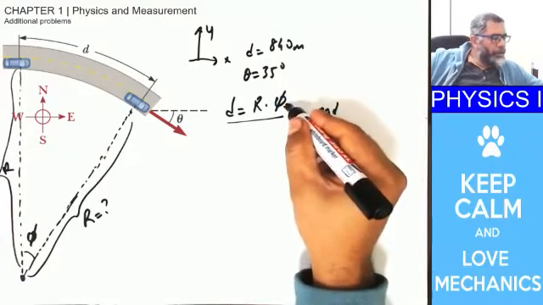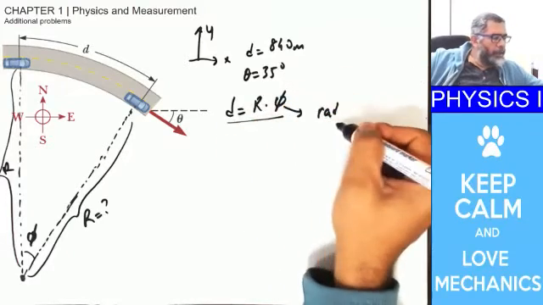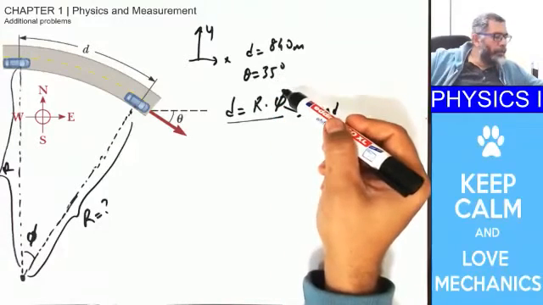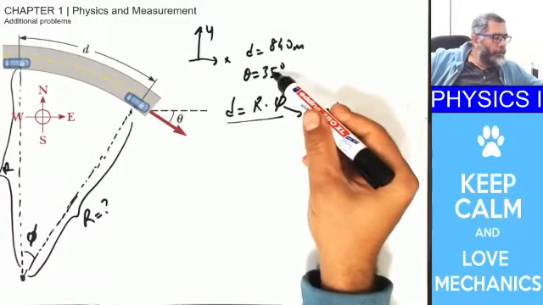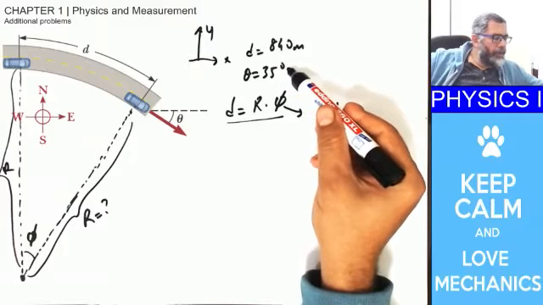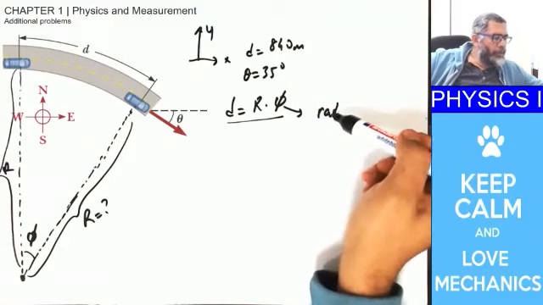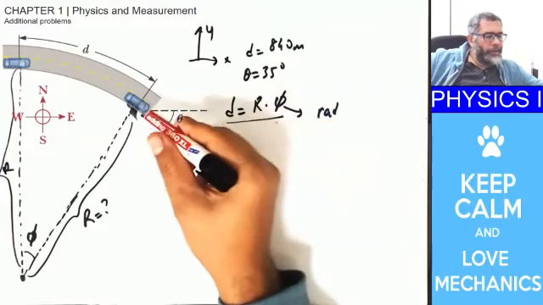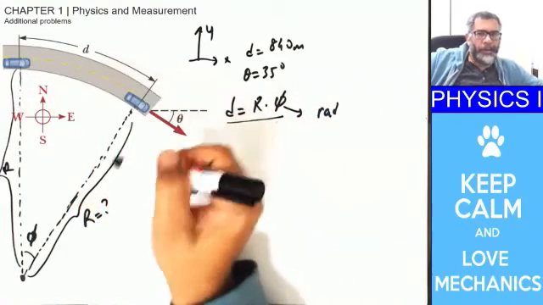The angle should be taken in terms of radians, not degrees. So that means if you are given the angle in degrees, you have to convert this to radians and multiply it by r, the radius, to get the distance of the arc.